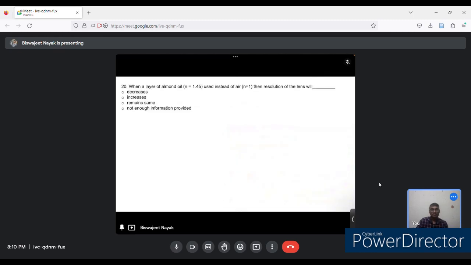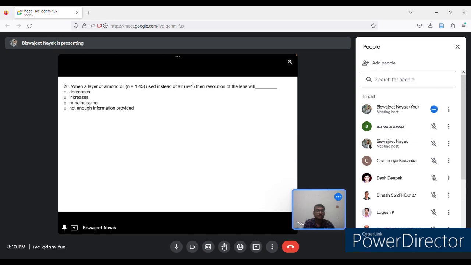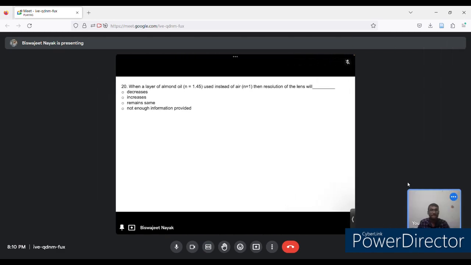Again, same question. When a layer of almond oil is used instead of air, what will be the resolution? Anyone want to answer? What does resolution depend on?